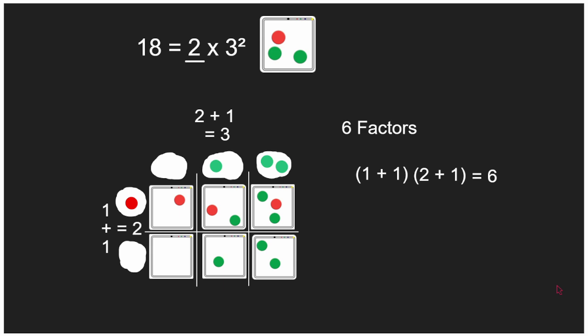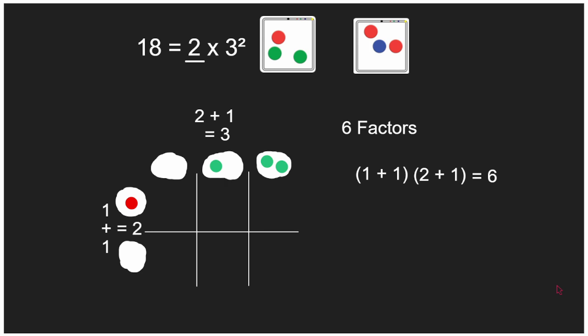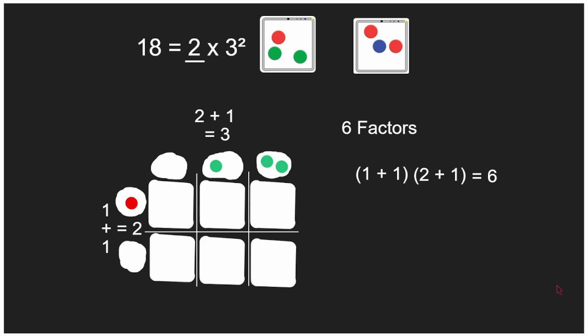So we can see then why, let's say if I take 20, it has the same setup, if you like, in terms of there's one blue and 2 reds. So I can just change this. I'm going to change this one to blue and these ones to red, and then I should have the same number of factors.